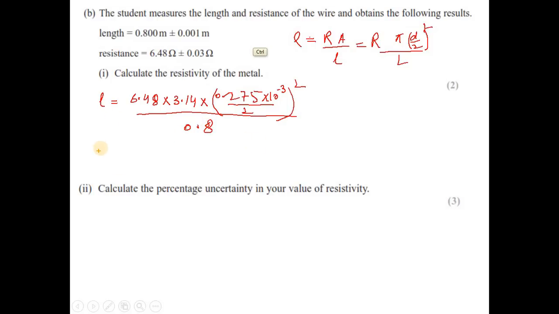So once you solve this, resistivity would be equal to 4.81 into 10 to the power minus 7 ohm meter.